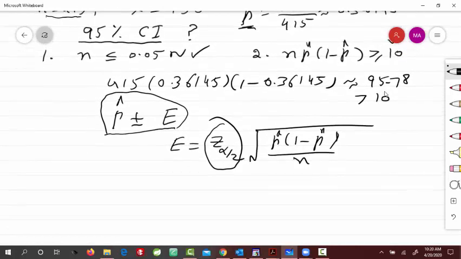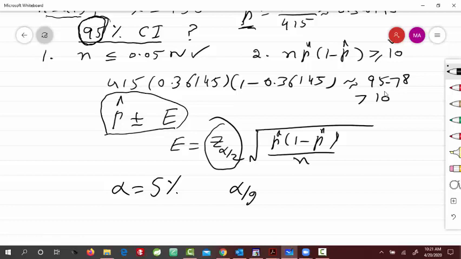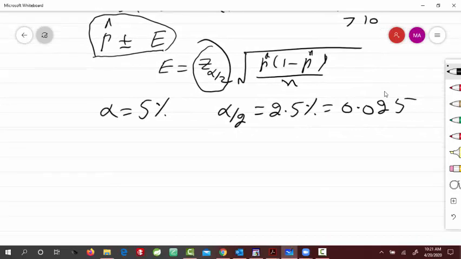So first find this z sub alpha by 2. We know that the confidence level is 95%, so it means that alpha would be 5%, which is 0.05, and alpha by 2 would be 0.025.